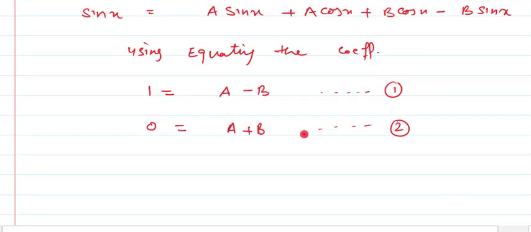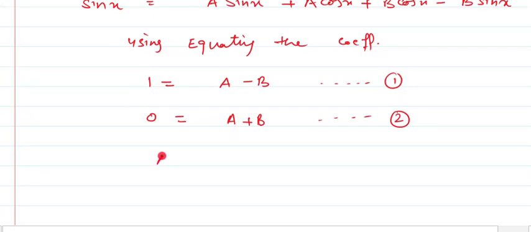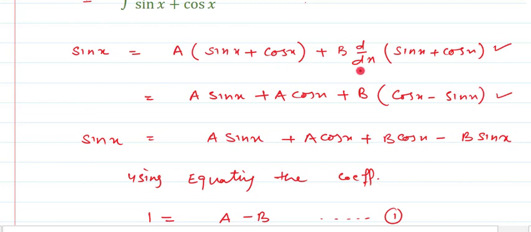Now you know how to solve for A and B from these two equations by using the same method as you have used in your 10th class for solving linear equations in two variables. By using any of the methods, you can find the values of A and B, and we are getting A is equal to 1 upon 2 and B is equal to minus 1 upon 2. Now by putting these values of A and B over here, we can change sin x into this form.